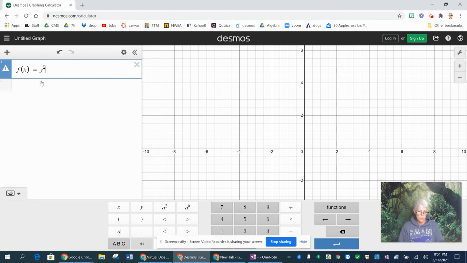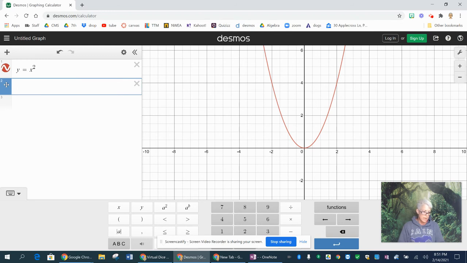Okay, whoops. And I put a y there. That wasn't too smart. Let me put an x there. Okay, so now you have your parabola. Now I want to show you also that instead of saying f of x, I could say y. I would get the same thing. So nothing really changes.